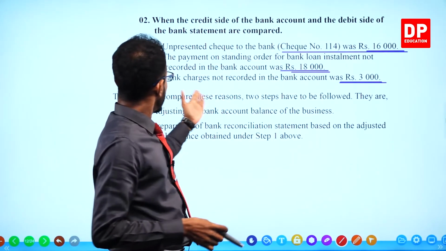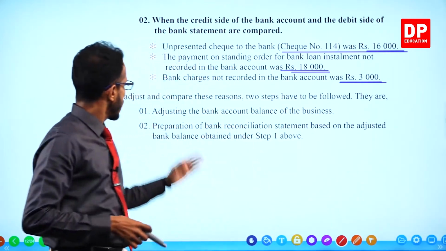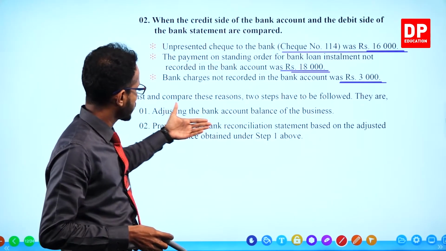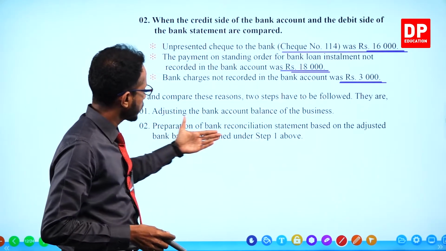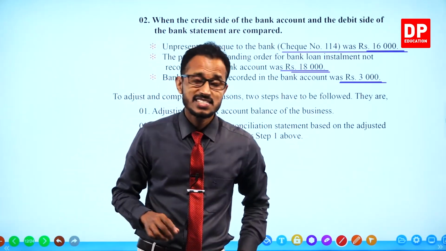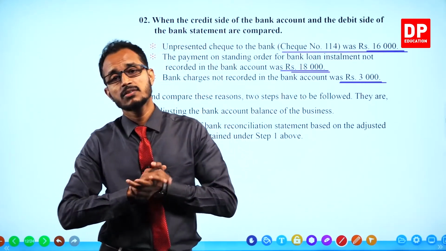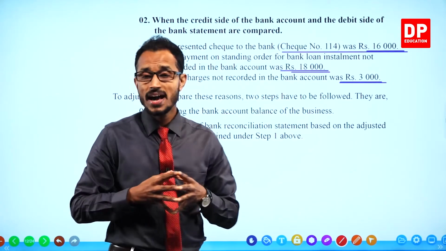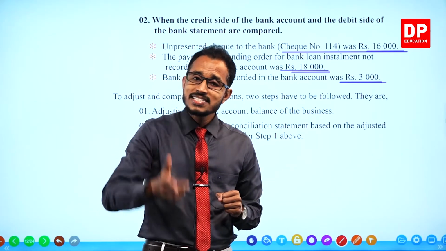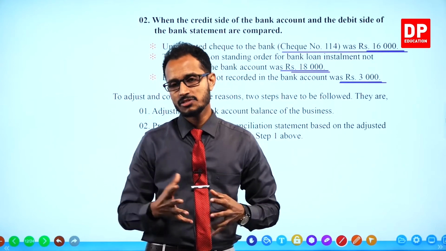To adjust and compare these reasons in the following manner. Which manner? Adjusting the bank account balance and preparing the bank reconciliation statement. Something that is immensely important when doing a bank reconciliation question. Children, both sides have missings or omissions or mistakes.